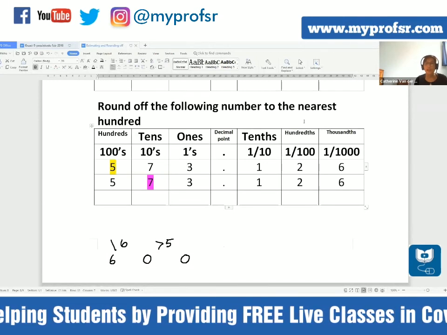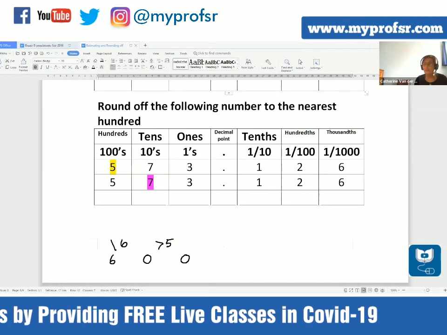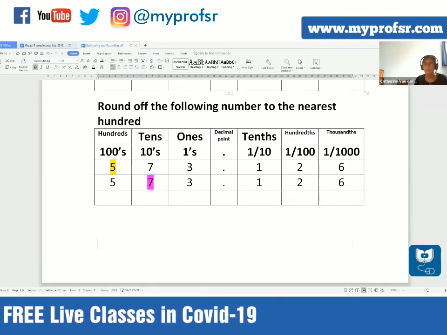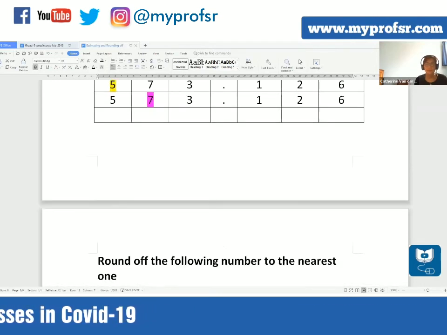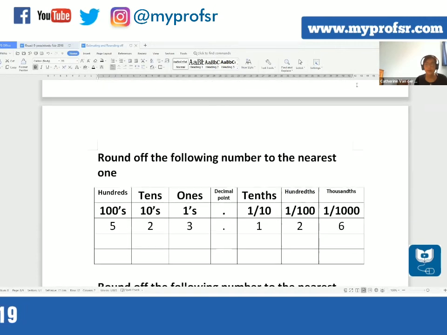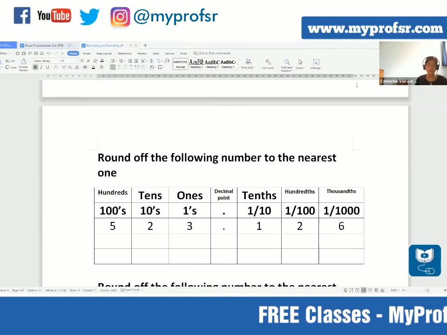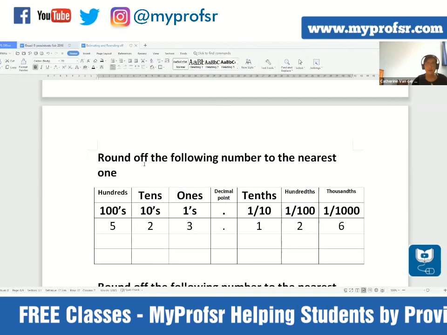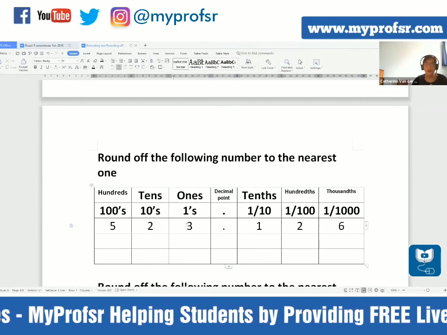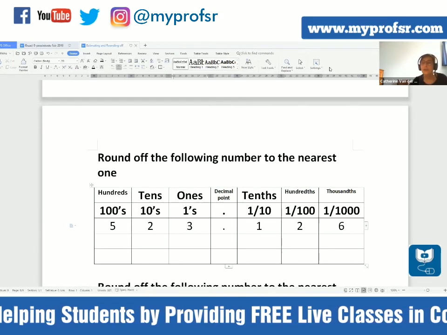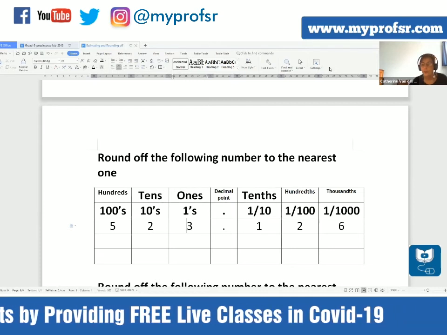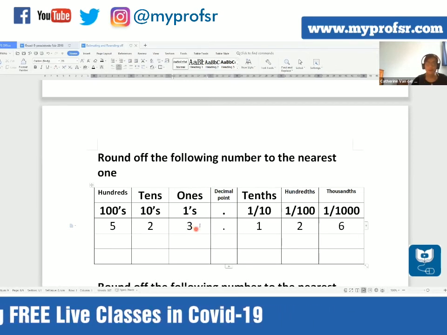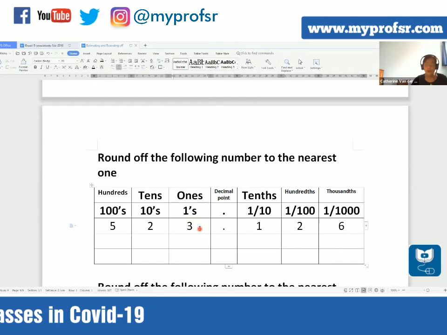Let's have a look at another example. Now let's try rounding off to the nearest 1. This can be a little bit tricky because the 3 is the digit which we have to round off.